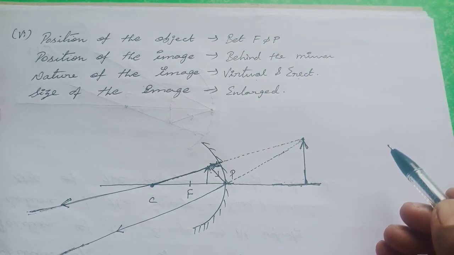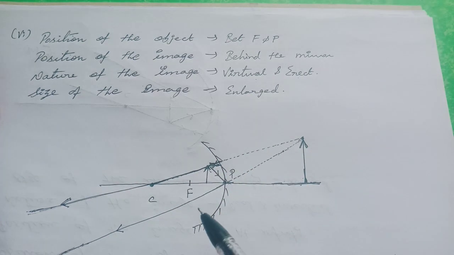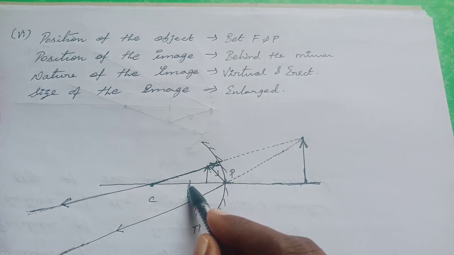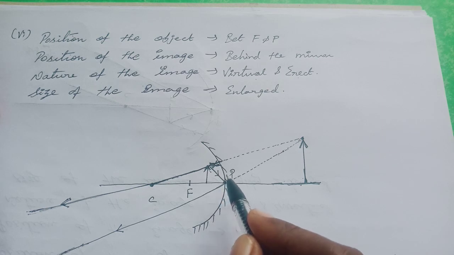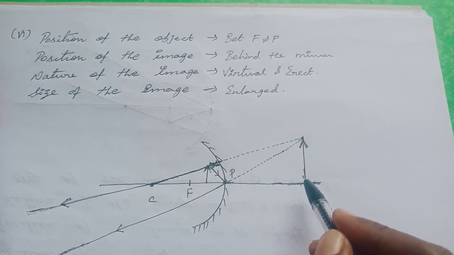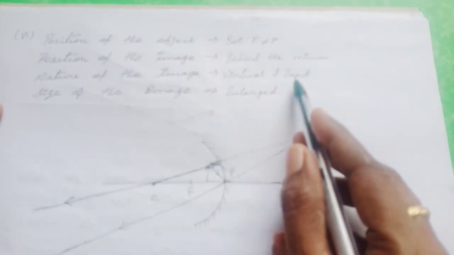Okay children. So in case of a concave mirror, whenever the object is placed between F and P, the image will be formed behind the mirror, and the nature of the image will be virtual and erect.